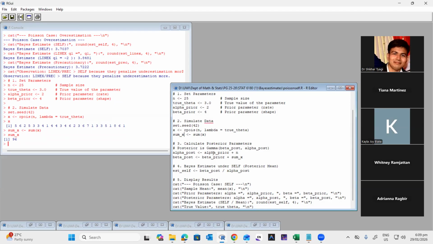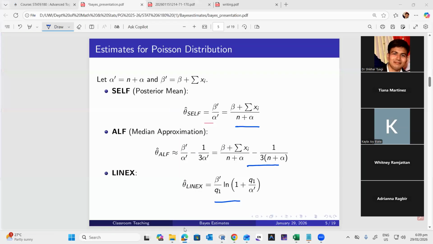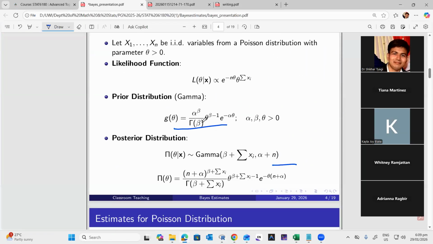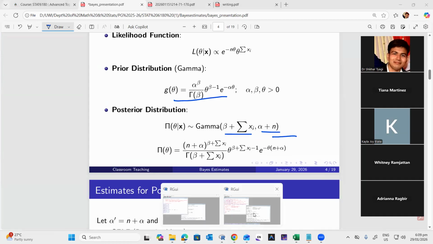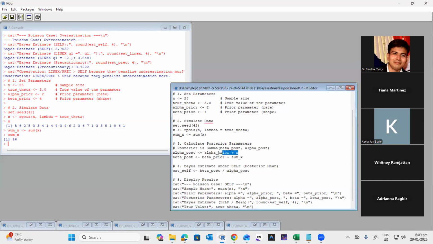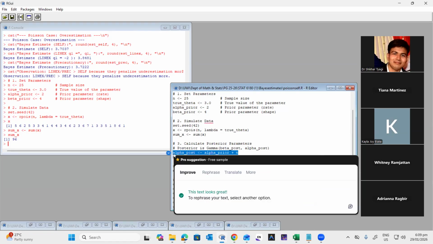For the posterior parameters, alpha was alpha plus n, and beta was beta plus summation xi. So we take the prior alpha plus n for the posterior density function.